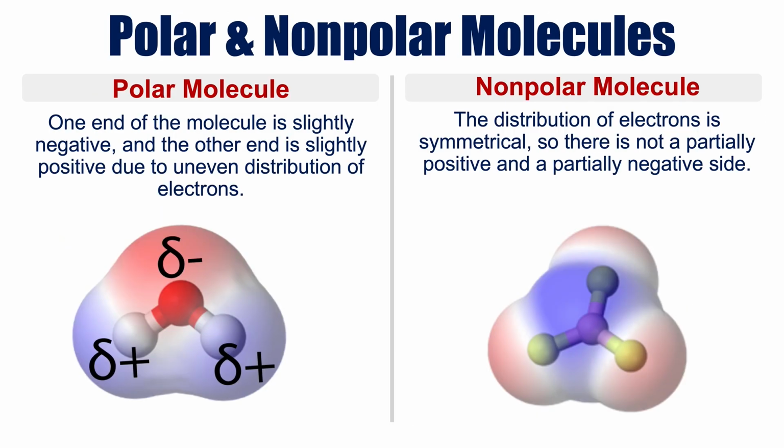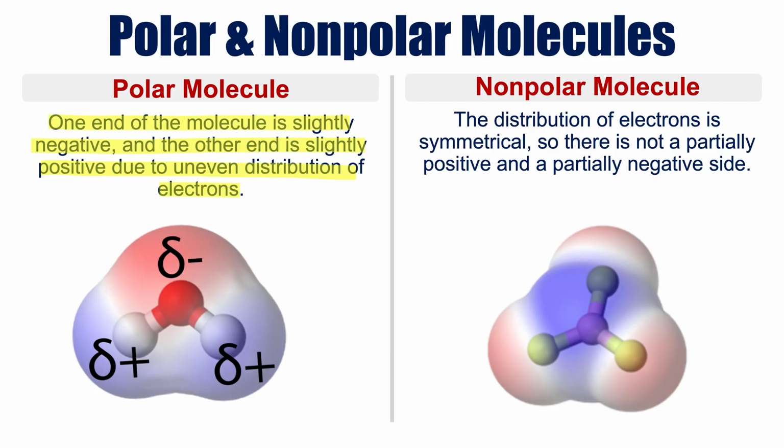All right, so now let's start to define the differences between a polar and a nonpolar molecule. In a polar molecule, you have an uneven or asymmetrical distribution of electrons throughout the entire molecule. So one end of the molecule is partially negative and the other end of the molecule is partially positive.